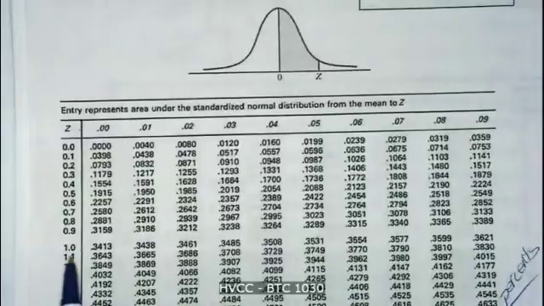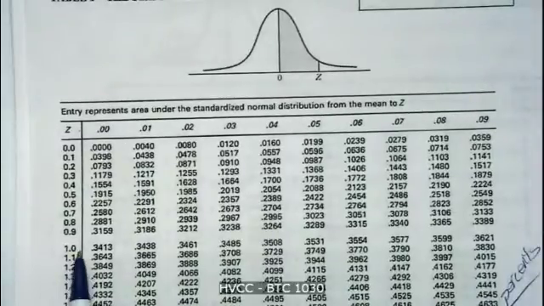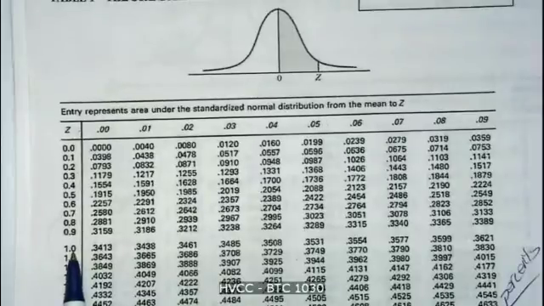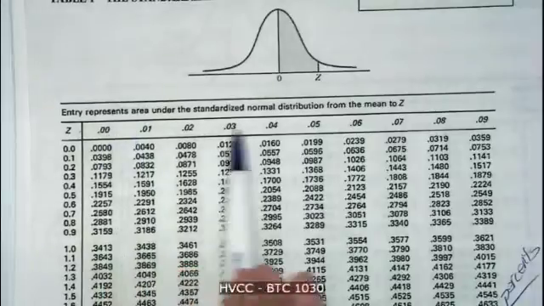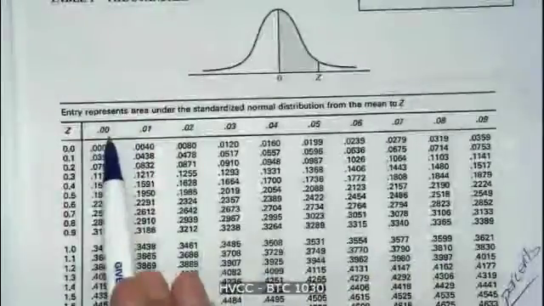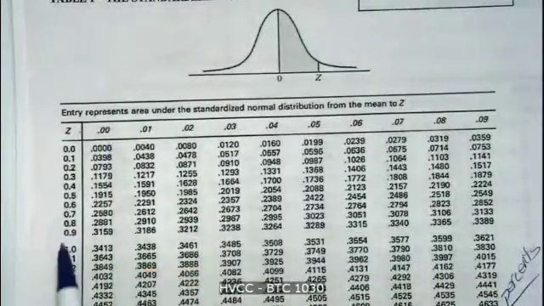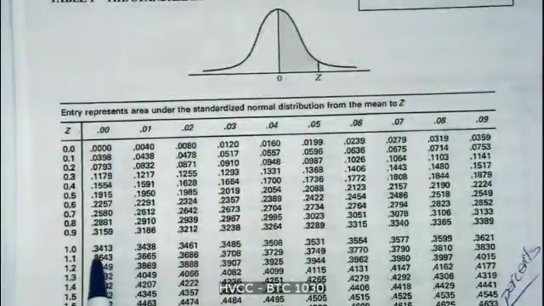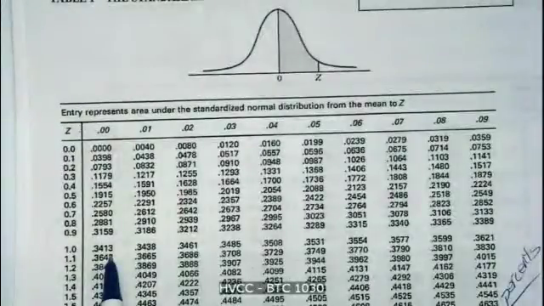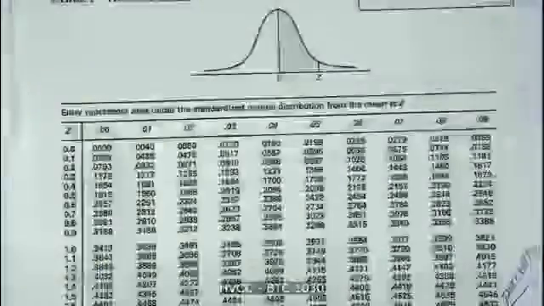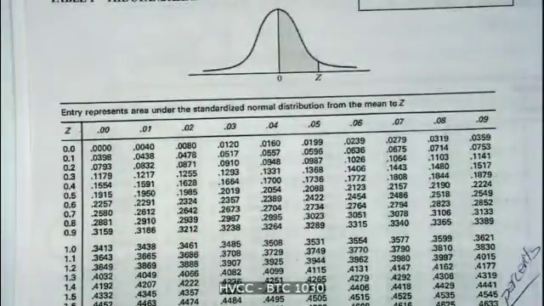We look up the whole number 1 and the first decimal point here on the left axis, but the second decimal point, we would look along this axis. In this case, it happens to be 0. So we look at 1.00, and our percent is 0.3413. I'll give you a second to find that, 0.3413 on your z table.